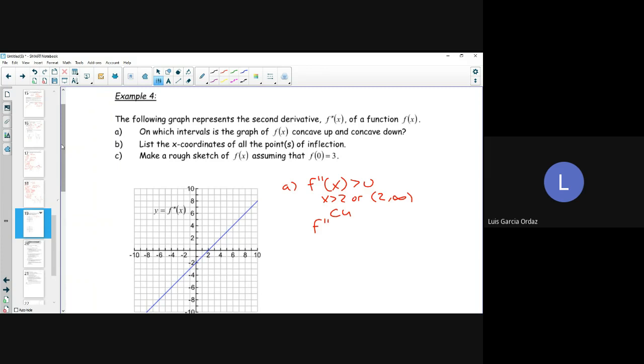Now to figure out concave down, I need to figure out where my second derivative is less than 0, and based off my graph, where is my second derivative less than 0? From as x is less than 2, or negative infinity to positive 2, it is concave down.